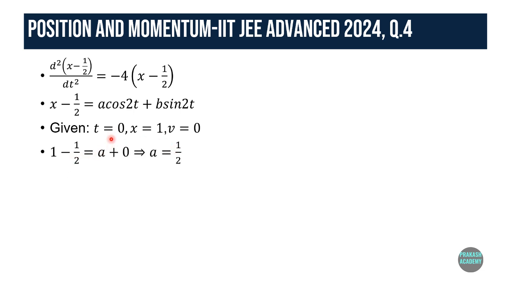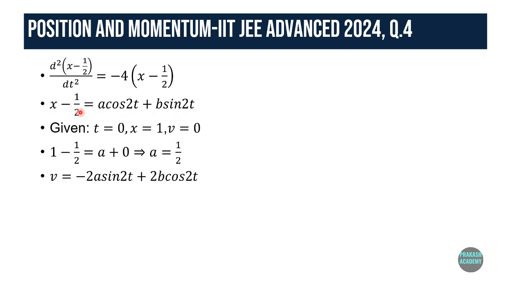Using these two conditions, we can find a and b. First let's plug in t equals 0, x equals 1. So this means 1 minus 1 by 2 equals a, and this term is 0, because sine of 0 is 0. So from here I get a equals 1 by 2. Now the second condition, t equals 0, v equals 0. To find v, I have to differentiate this.